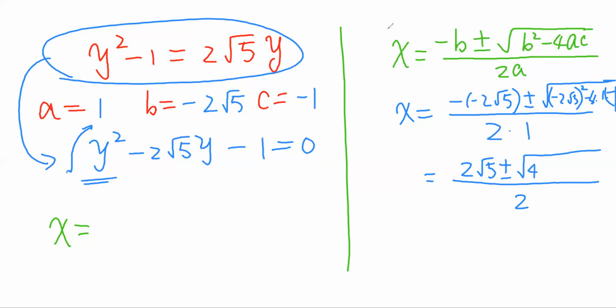Here 4 times 5, right? Here is plus 4, right? 4 times 1 times -1, so plus, so you got, actually here it is 24. 24 became what? 24 can be changed into 2 square root 6, right? Over 2. So you can get the answers.